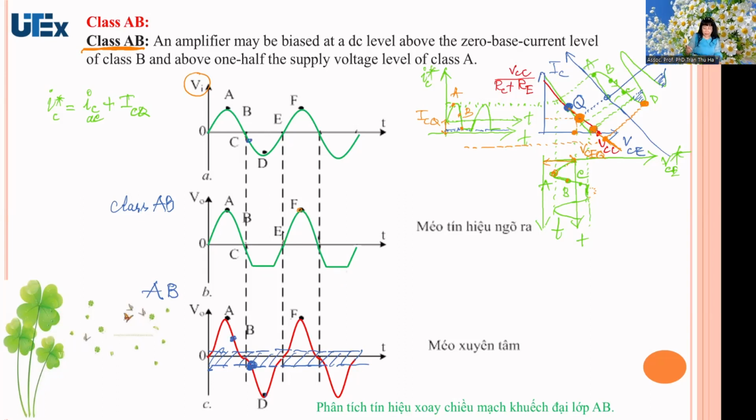See if we have nearly here, it's meaning they have lost. We have this in Vietnamese, this is cross distortion, and this is distortion of the output waveform.